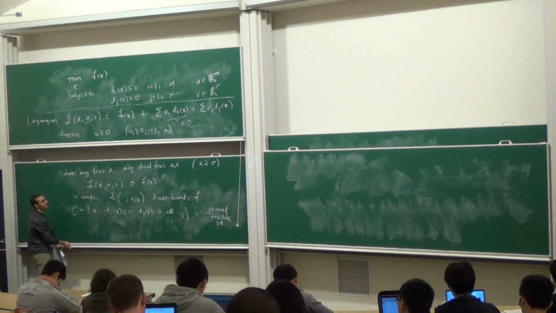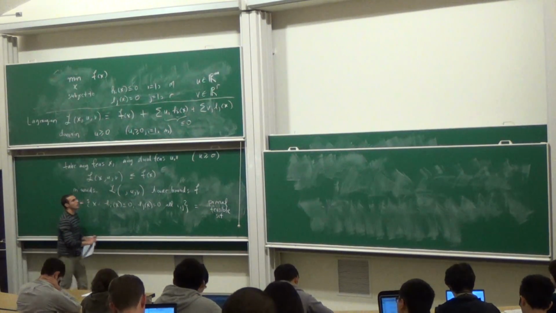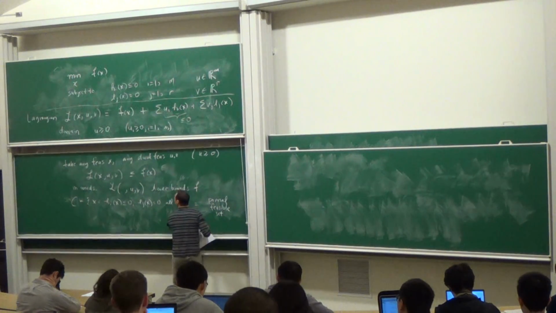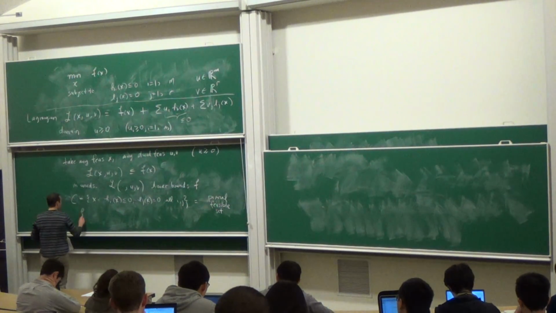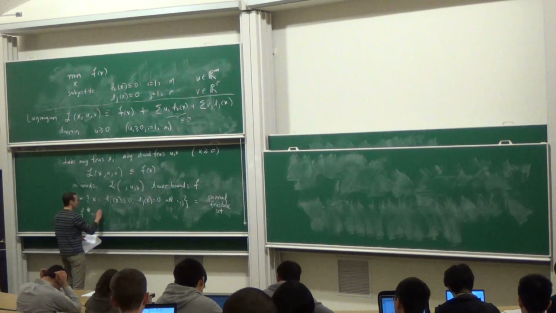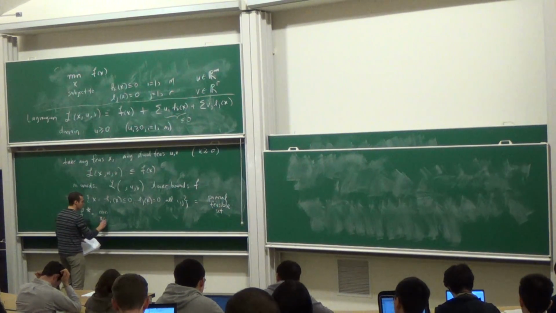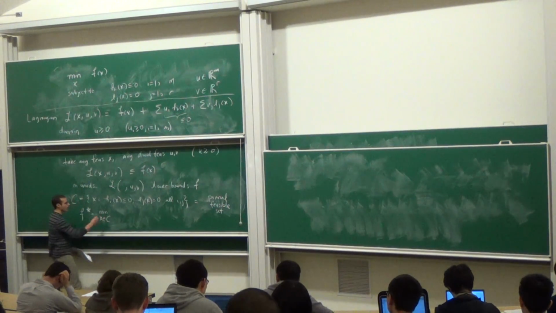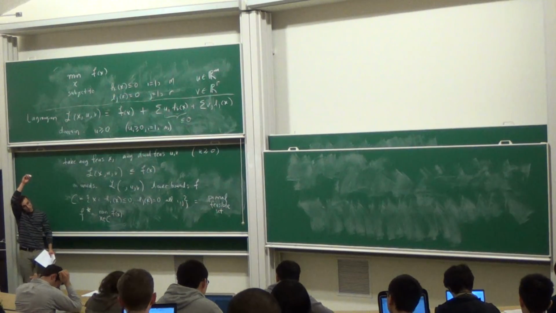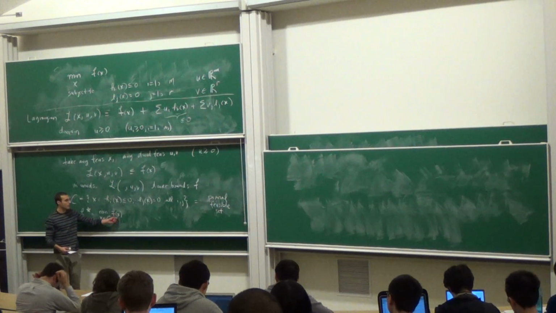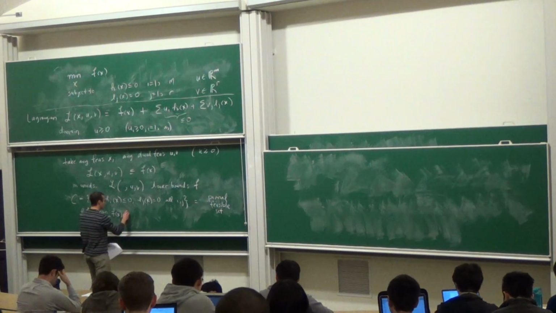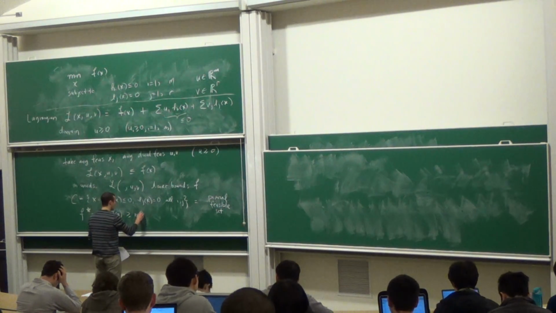Here's a very cool sequence of inequalities. If I take the optimal primal value, f star, remember this is equal to the minimum over all feasible points x of f of x, then because the Lagrangian lower bounds f, I can write that like this.